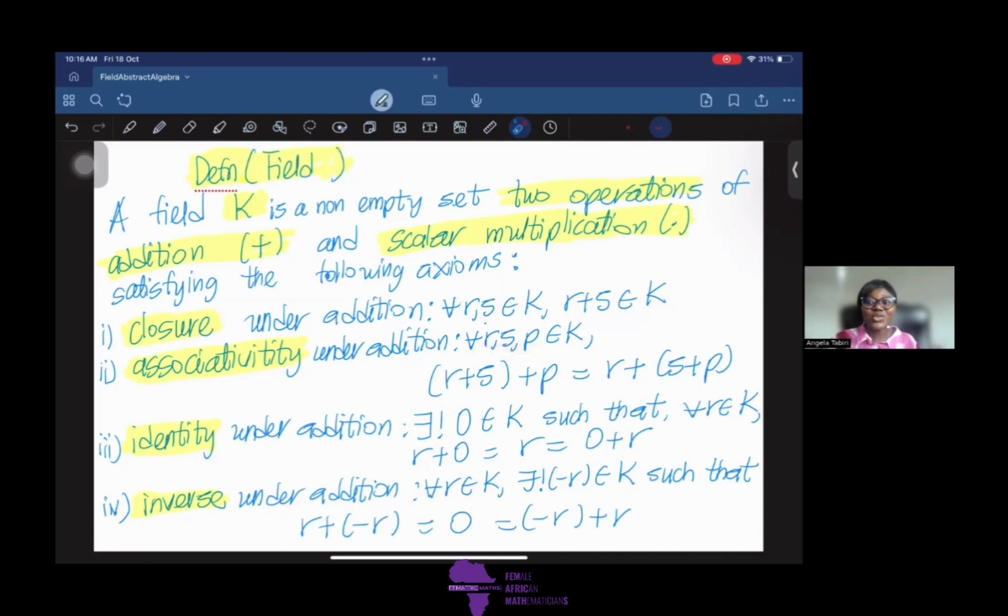Now you can only add two at a time. So you can either add the first two and then your last scalar P, or the last two and the first. You want it to be the same irrespective of the order, and this equality is what we call the associative property.